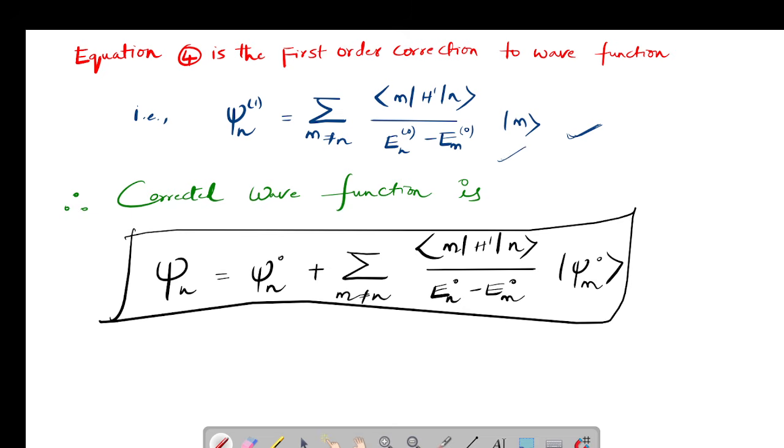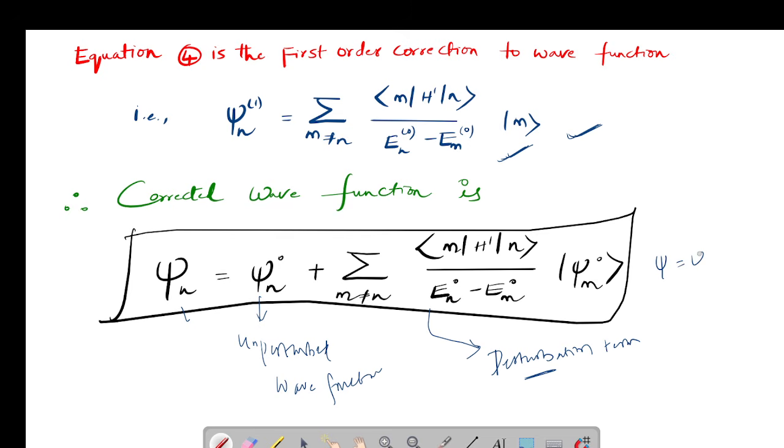This is the first order correction to the wave function, and the corrected wave function will be psi n equals psi n naught plus this term. Psi n naught is the unperturbed wave function, and the second term is the first order perturbation term to the wave function.